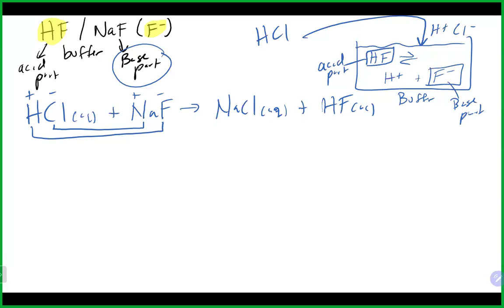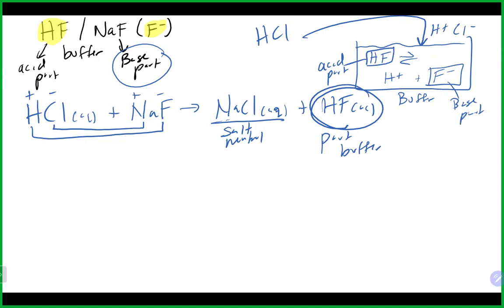So we see a couple of things are formed. We see this guy, which is a salt, and it's actually a neutral salt, which means it will not affect the pH. We actually see this guy made, which is part of the buffer to start with. So we actually make some more HF in this reaction. And that's very common when you have a buffer.